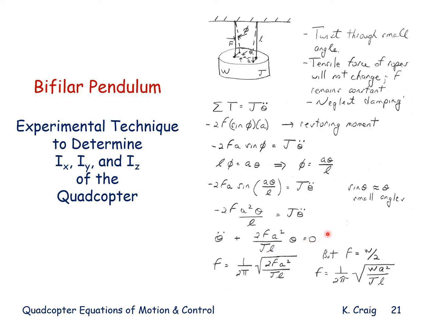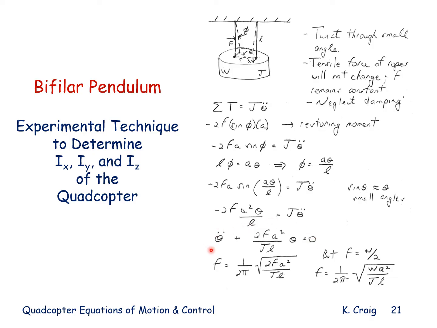Remember, J is the mass moment of inertia of the object about a z-axis, a vertical axis through the CG. And F is the force in the strings, which is equal to the weight of the object divided by 2.